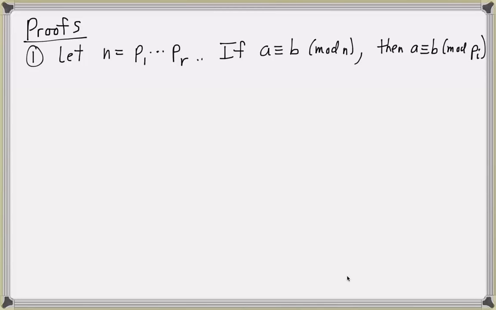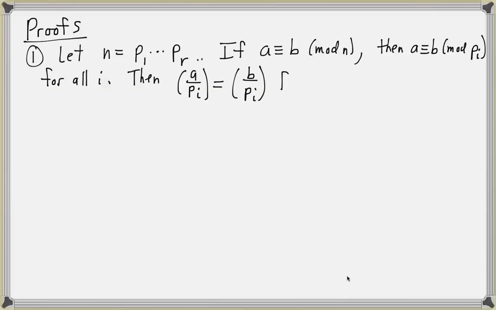So mod pi for all i. Then the Legendre symbol A over pi must be equal to the Legendre symbol B over pi for all i.